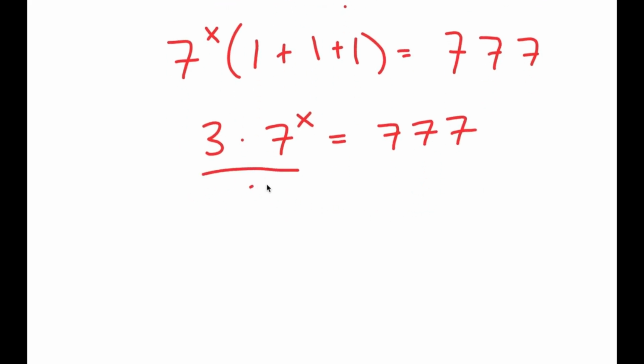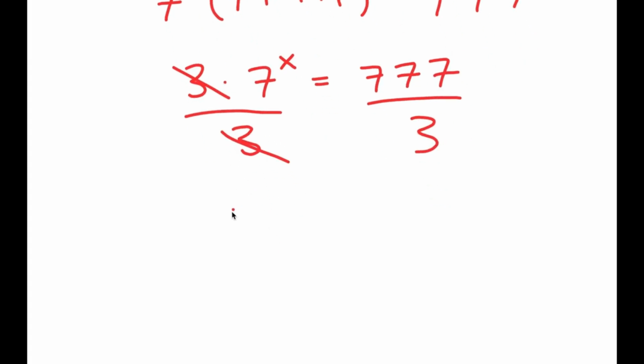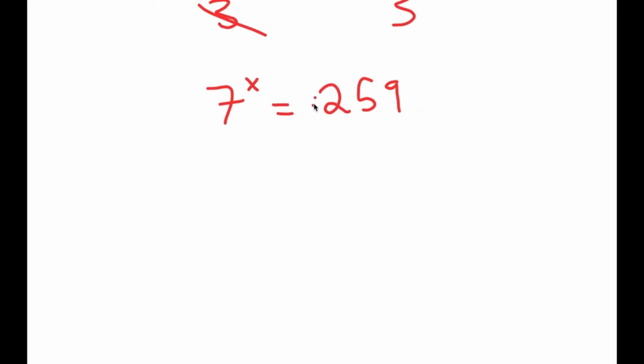Now I'm going to divide both sides by 3. So these two cancel out. And I get 7 to the power of x is equal to 259 because 777 divided by 3 is 259. Now from here, I'm going to take the log on both sides.